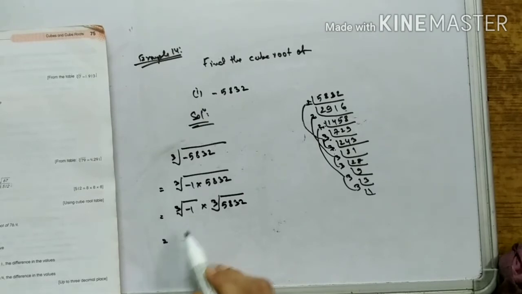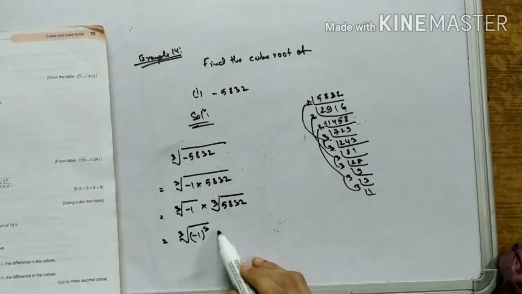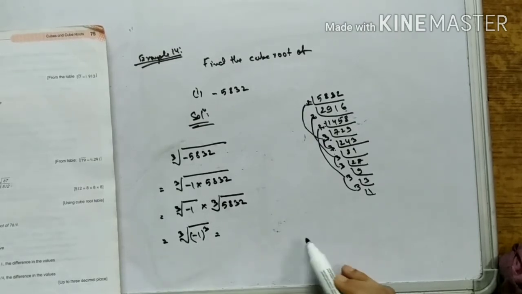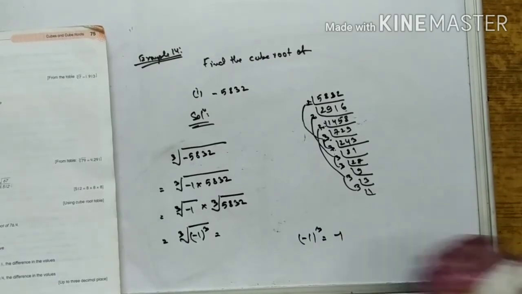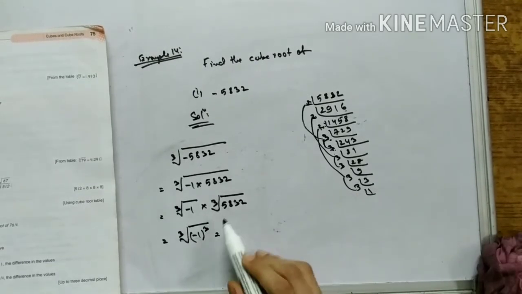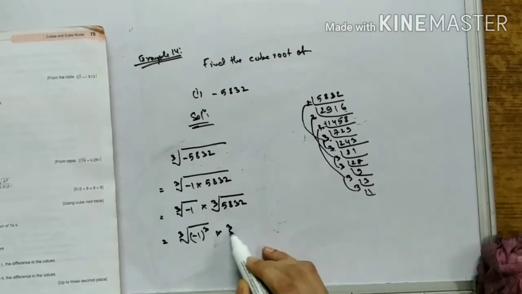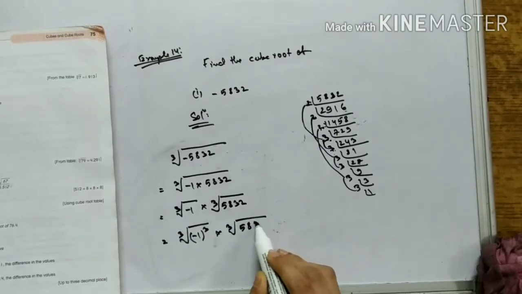Cube root of minus 1 will become minus 1 only, because minus 1 I can write as minus 1 the whole cube. This gives me minus 1 only. So I can write it as minus 1 the whole cube into cube root of 5832.